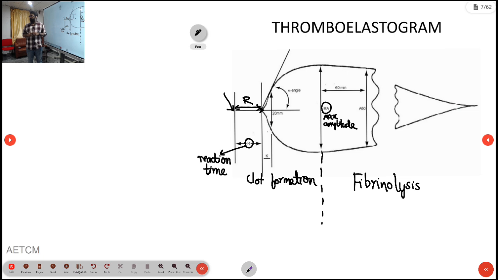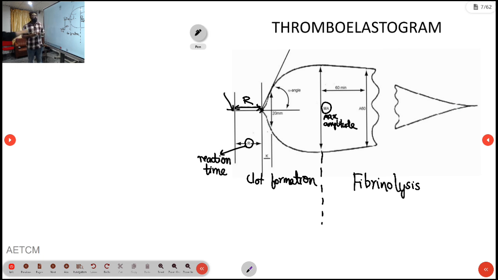And then the fibrinogen which is already present in the blood will be converted to fibrin, and that forms a net inside the clot, and that stabilizes the clot. And over a period of time that wound gets healed, and after some time this clot gets lysed away. So that is what is represented here.